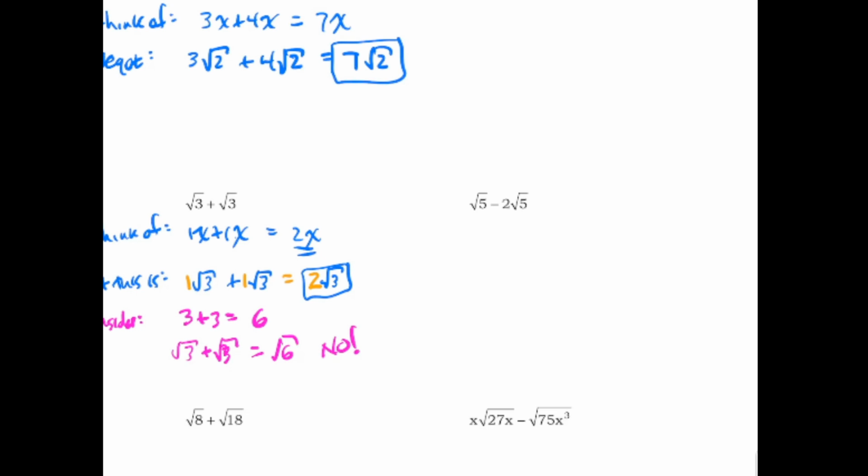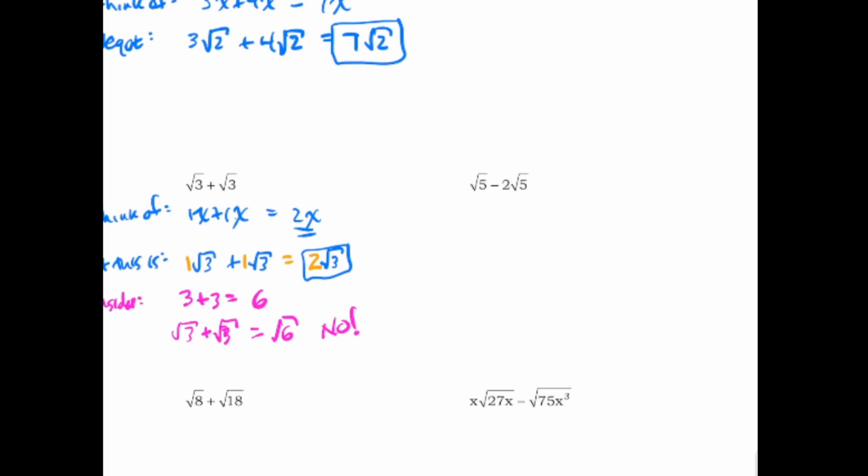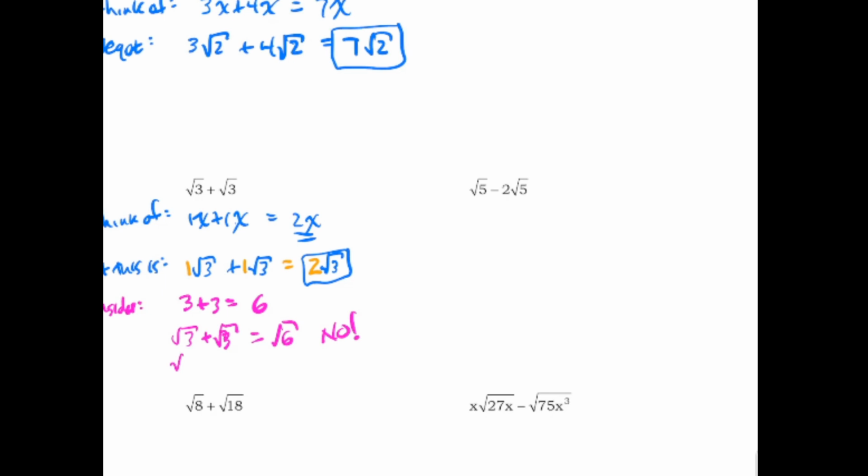So with 3 plus 3 equals 6, fine. With 3 plus square root of 3, if you really wanted to do it like term, excuse me, I didn't want to talk about that. I wanted to talk about this one again. If you wanted to do it the same way we've been doing it, where you think of the root 3 as a 1 times root 3 plus a 1 times root 3, you've got like terms because it's 1 times a thing plus 1 times the same thing.